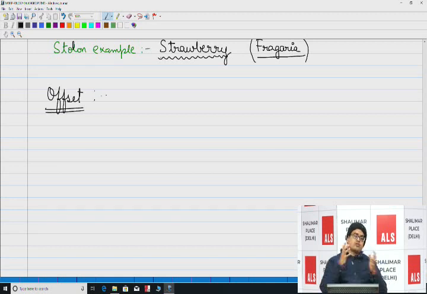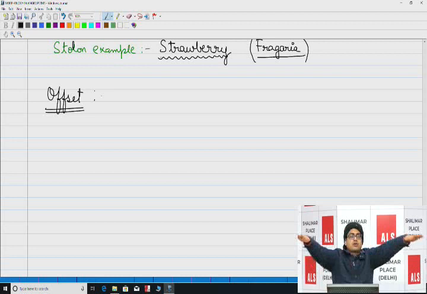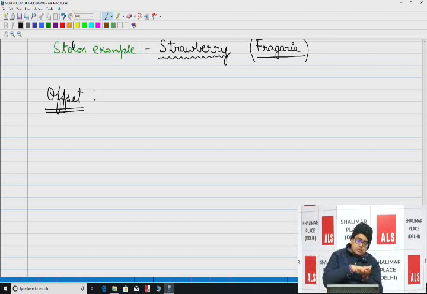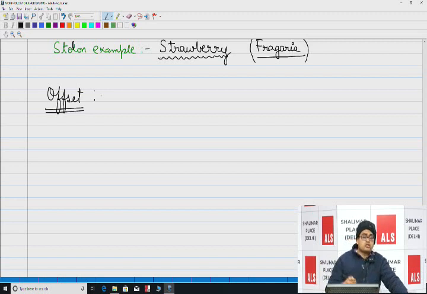For observing offset, have you seen any plant body in which there are plants all spread over the water surface? So these plants are basically Eichhornia, that is called water hyacinth, the terror of Bengal, because it basically chokes the water bodies.